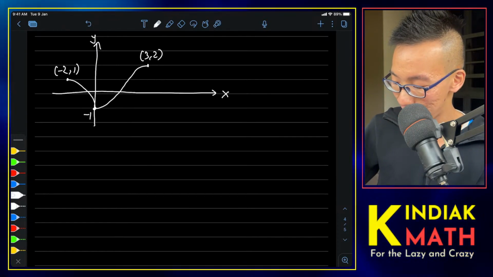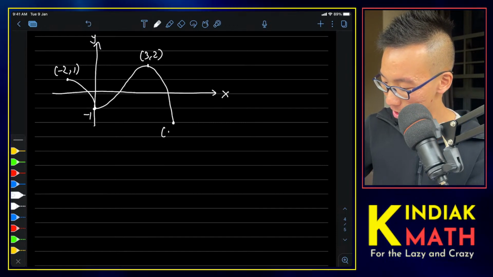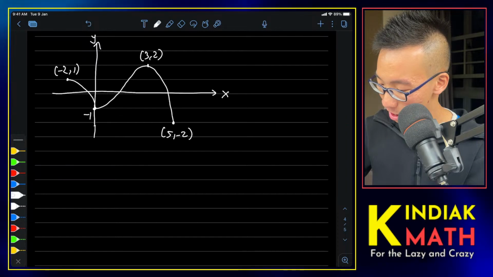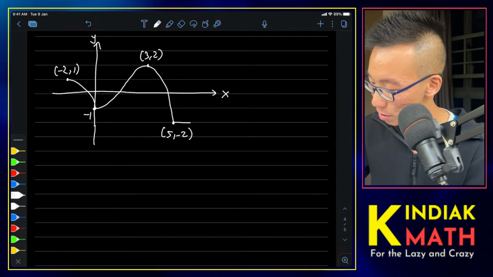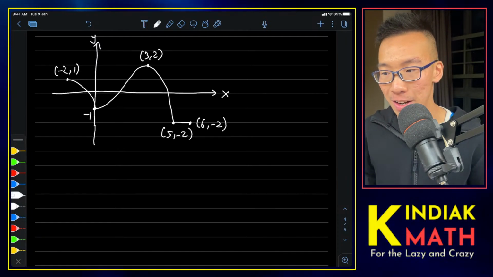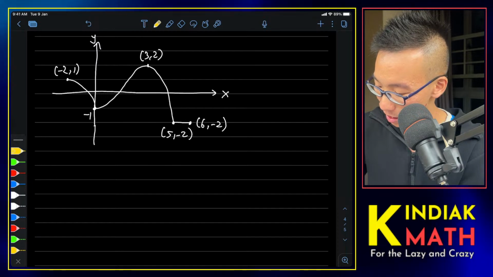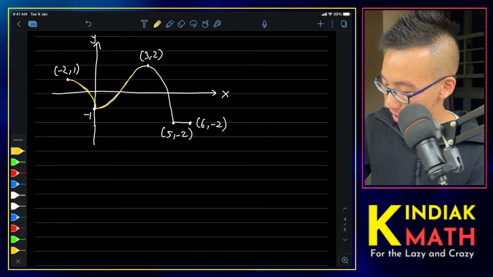This is a really wonky graph here. There we go. And finally, it ends off at 6, -2. So that's the graph that we're given. Perhaps let me indicate that using a different color.